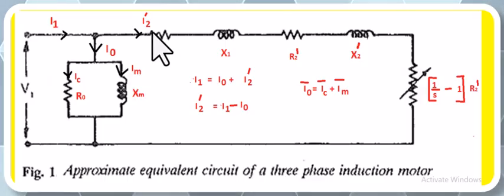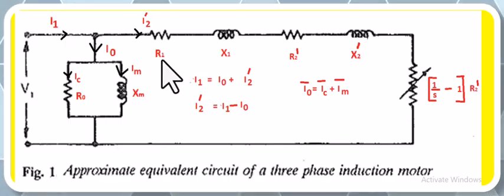When the rotor to stator winding turns ratio is unity, this can be written simply as I2, which is also approximately equal to the input current.